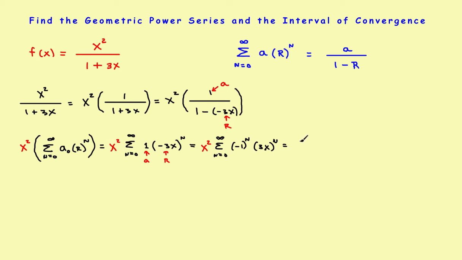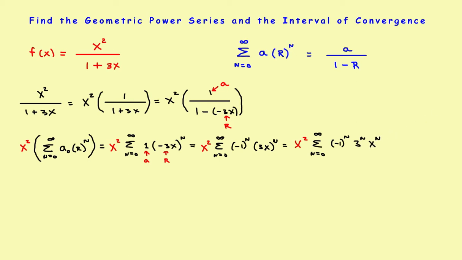I'll make this be, here's the x squared, and then I've got the summation as n goes from 0 to infinity. Here is the -1 to the n. And I think I'll also change this into 3 to the n times x to the n.